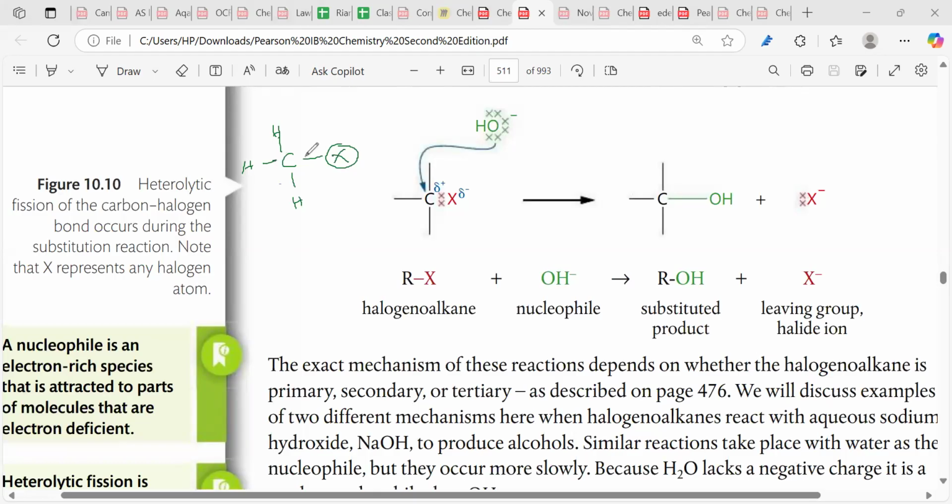The halogen will be drawing the electron cloud towards itself, making this delta positive and making this delta negative, right?